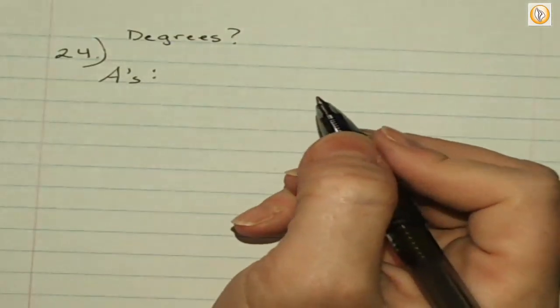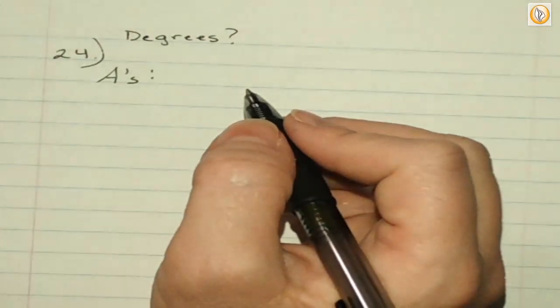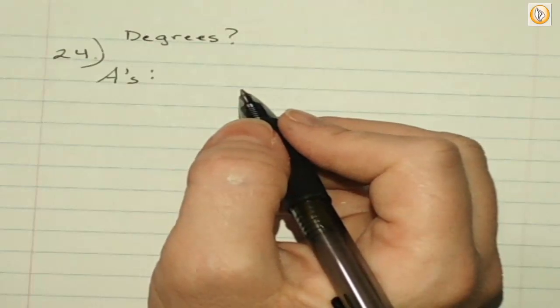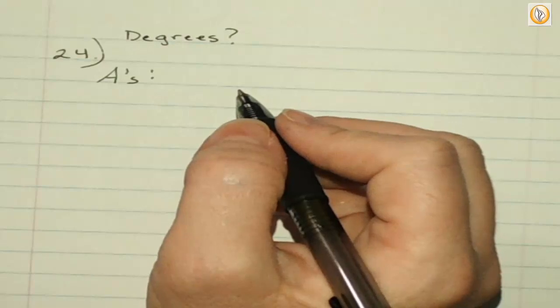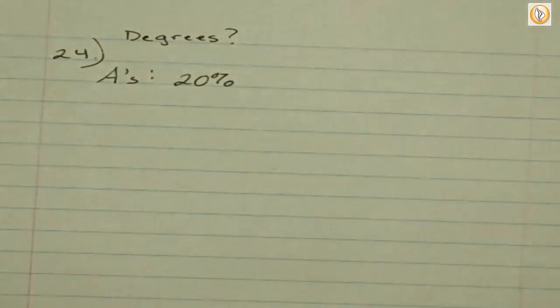Kelly, what's the percent of, look again. Grade distribution is 20%. Okay, so they give you the percent. They want you to find the degrees. So Kelly, how do I find the degrees?